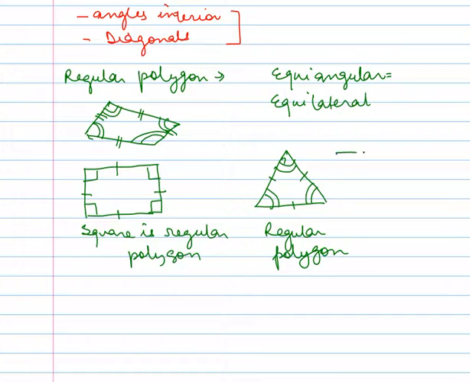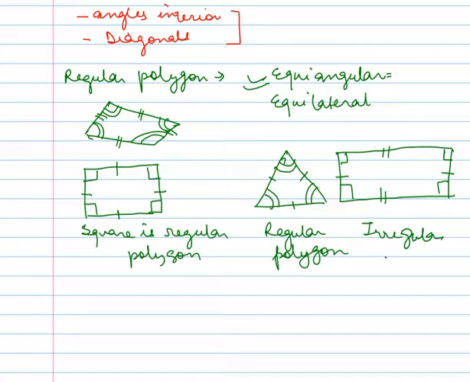Now let us look at the rectangle. A rectangle has all four angles of 90 degrees, whereas these two sides are equal and these two sides are equal. All the four sides are not equal, therefore it is an irregular polygon. Although it satisfies the property of equiangular, it is not equilateral, therefore it is an irregular polygon.